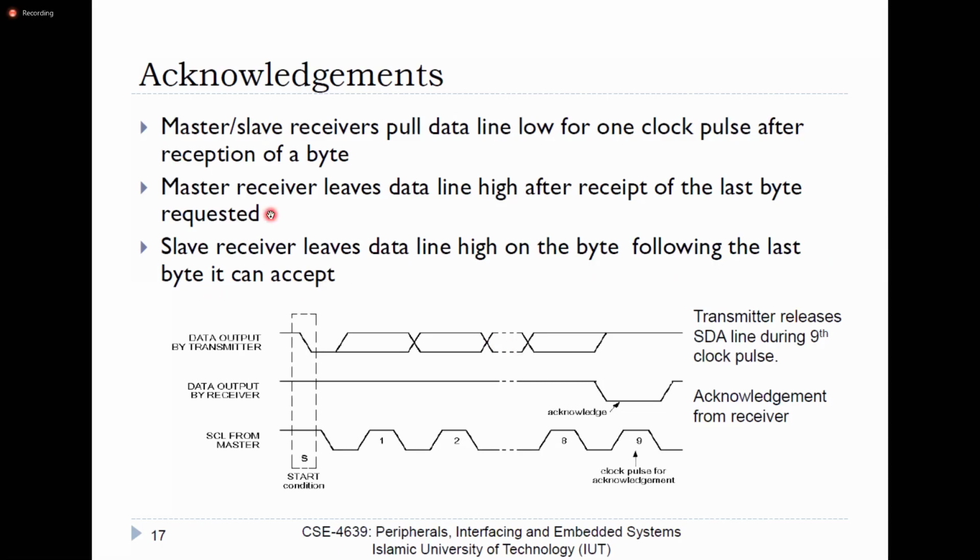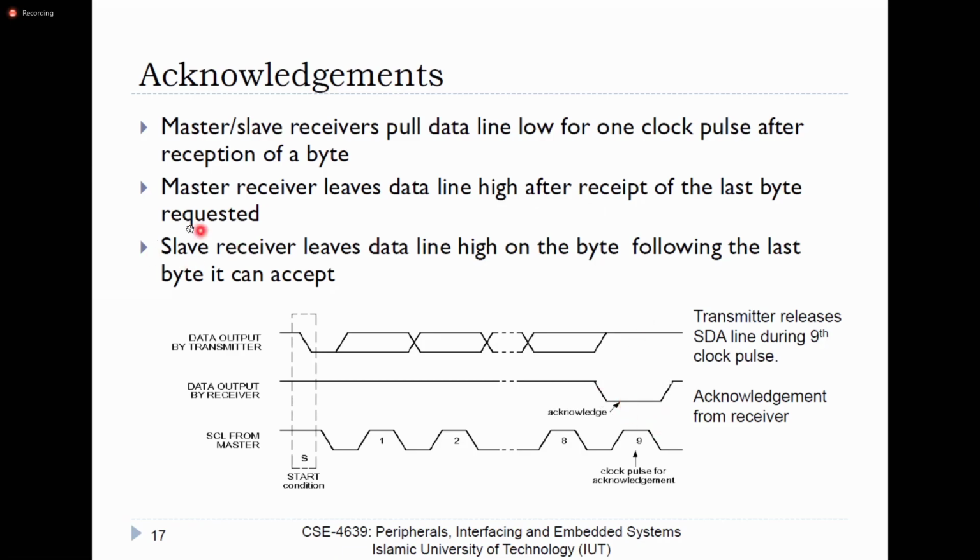And the slave receiver leaves the data line high on the byte following the last byte it can accept. So the master receiver will maintain the data line high after receipt of the last byte. That means after getting one byte of data, it will maintain a high signal so that the acknowledgement can be provided as a low signal.